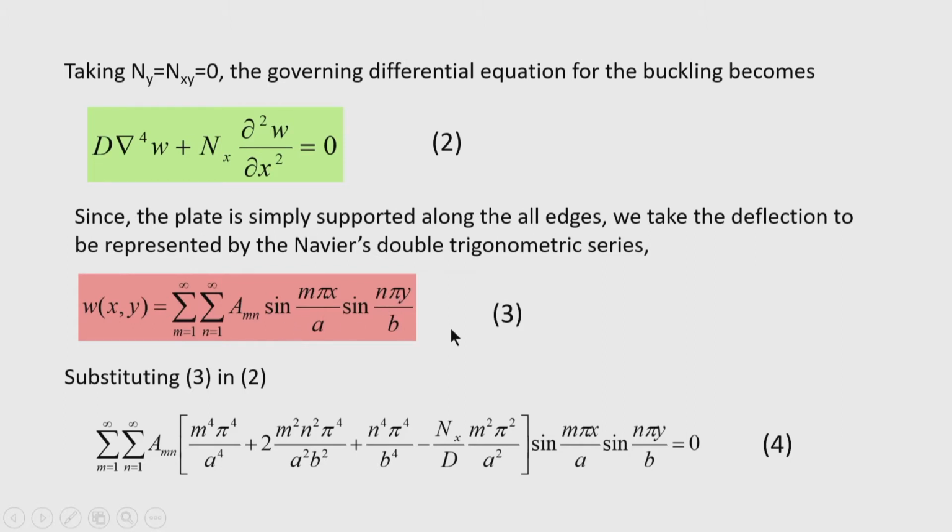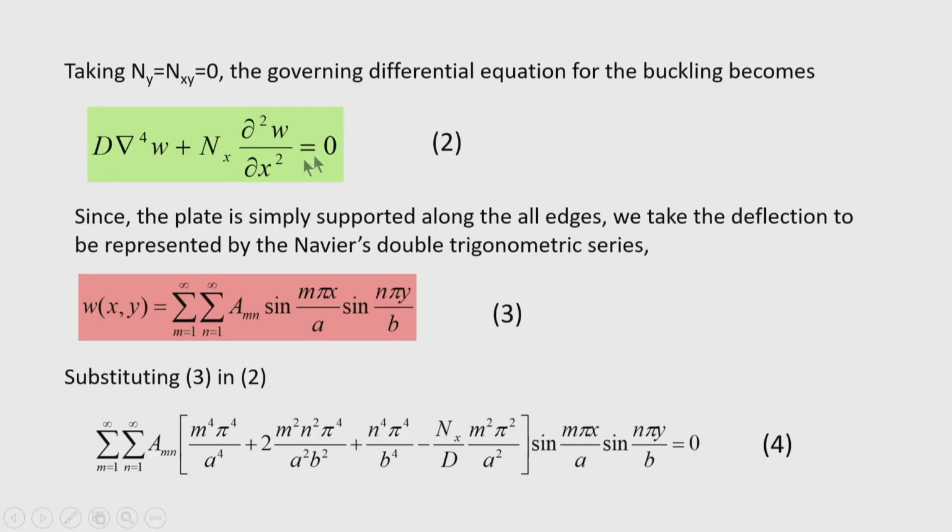Then we can write the bending moment function as M x equal to minus D into del square w by del x square plus mu into del square w by del y square, where mu is the Poisson ratio. Then if we substitute the second derivative of the function, you will find that the terms sin m pi x by a and sin n pi y by b appear.